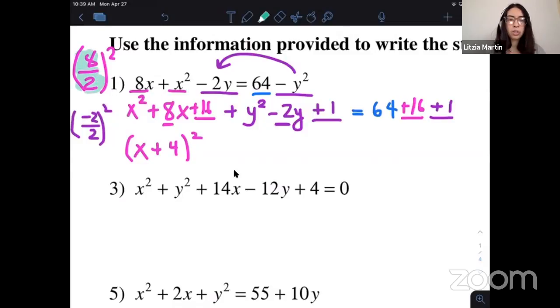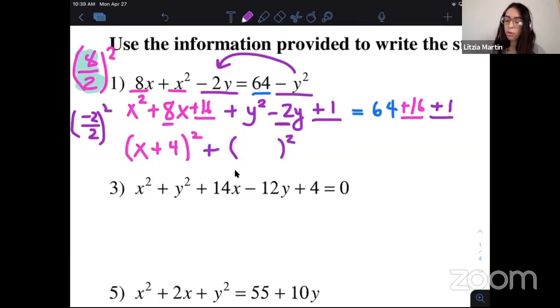We have 8 divided by 2, so that's 4. And then for the y, we have negative 2 divided by 2 is negative 1, so that's a minus 1. And on this side, we have 64 plus 16 plus 1. That is going to be 81. All right, so that is the standard form.